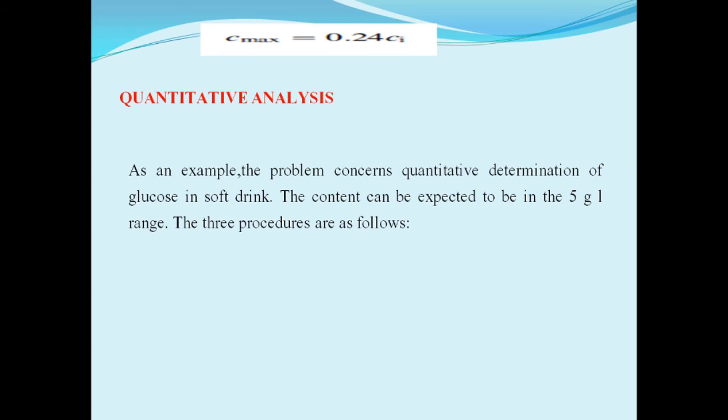With UV detection, it is possible to avoid interfering impurities by choosing a suitable wavelength. The same is possible with mass spectrometry and single ion monitoring. Derivatization may increase the detection limit by several orders of magnitude.